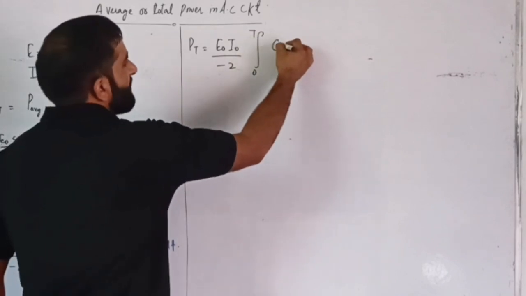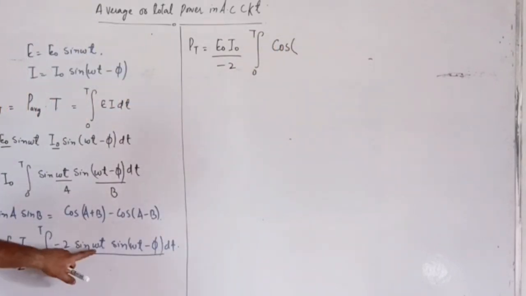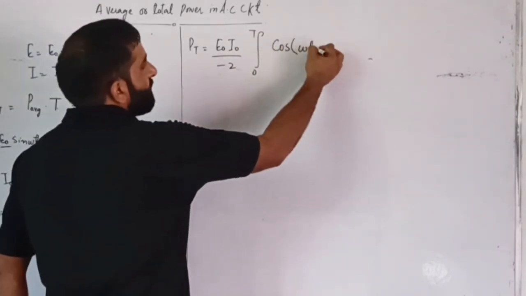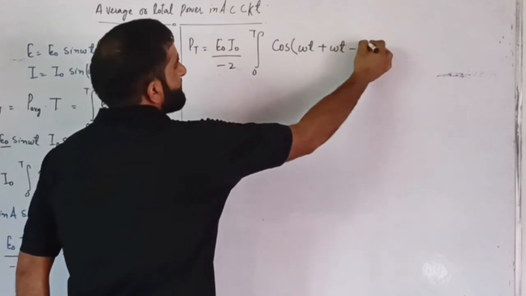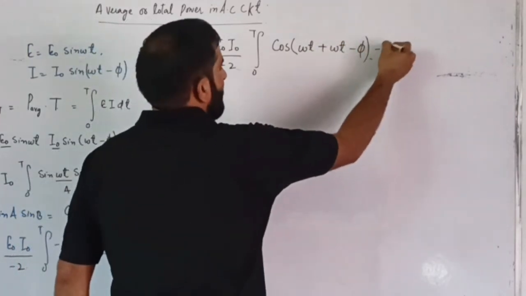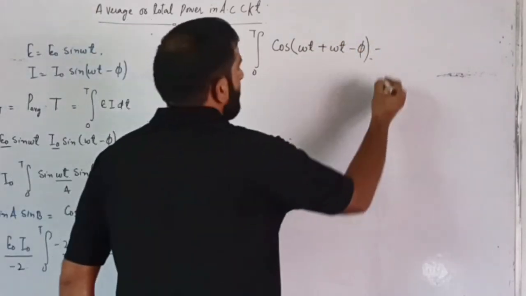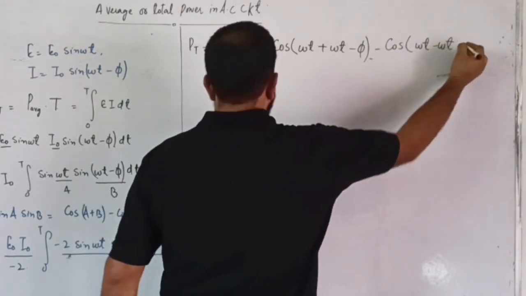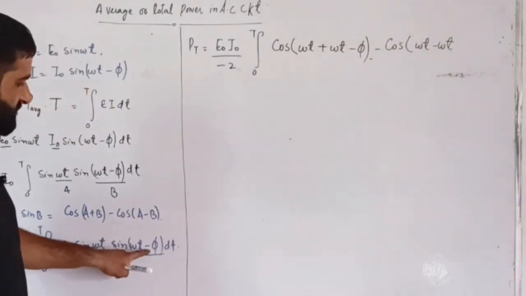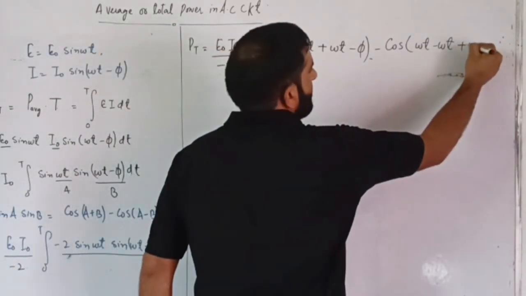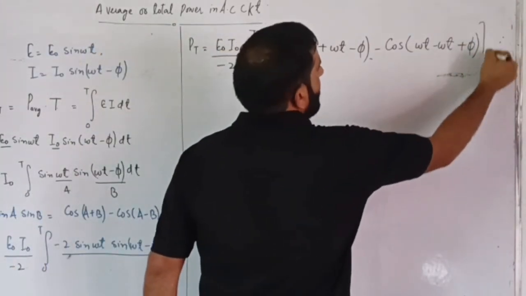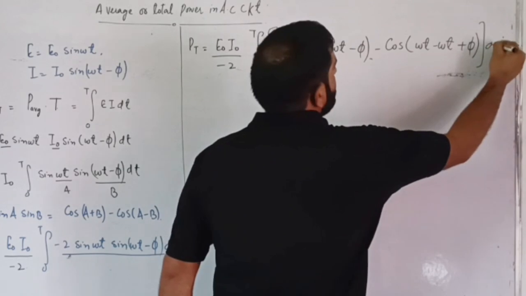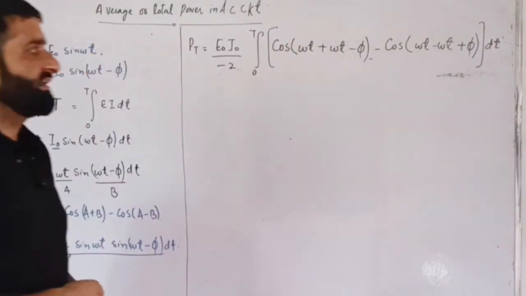t of cos of A plus B, where A is omega t and B is omega t minus phi, minus cos of A minus B, that is omega t minus, minus phi becomes plus phi, and this is to be integrated with respect to time, that is dt.